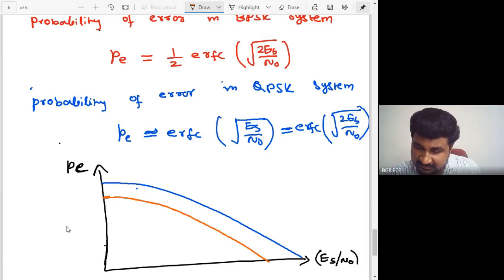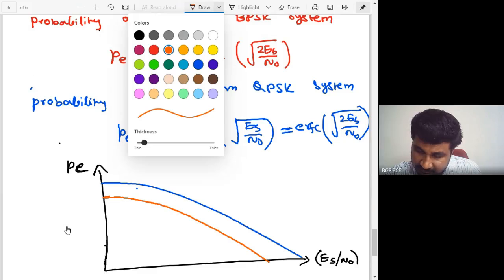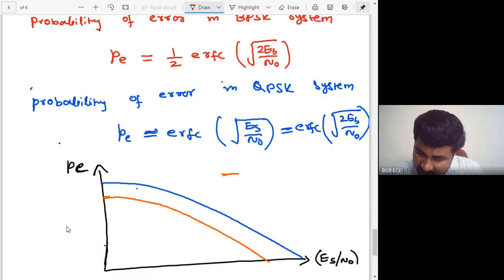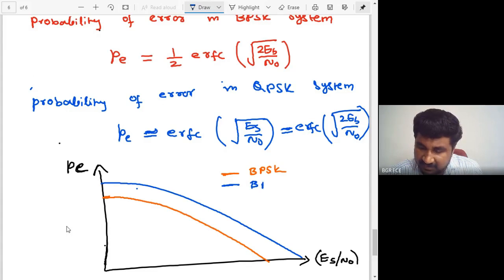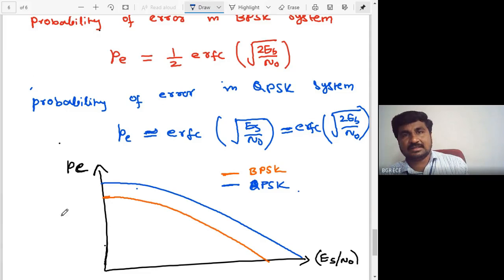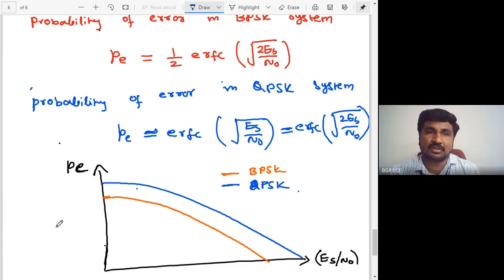This line is for the probability of error for BPSK, and this is for the probability of error for QPSK, for the same bit energies used in both of the systems.